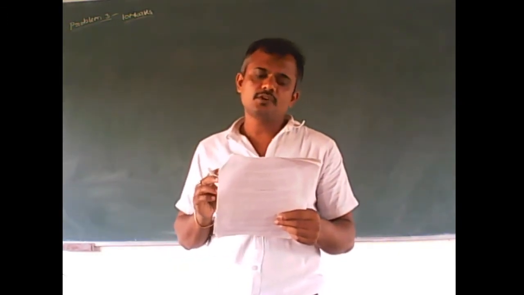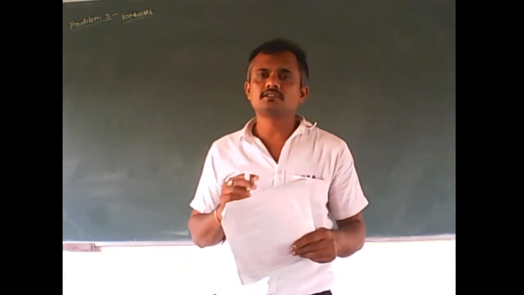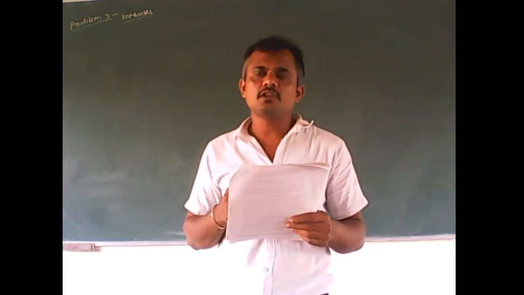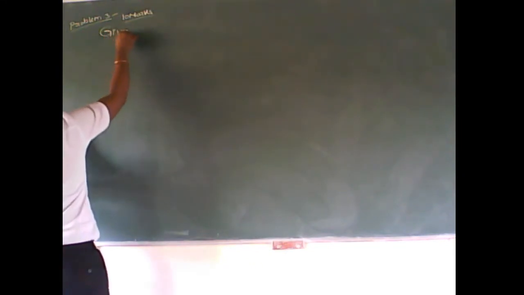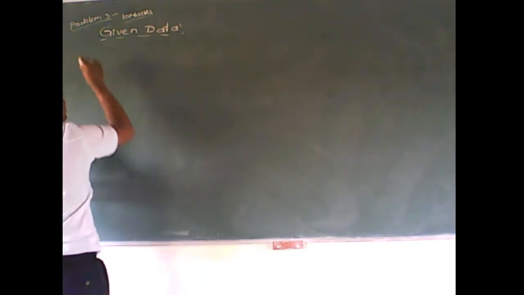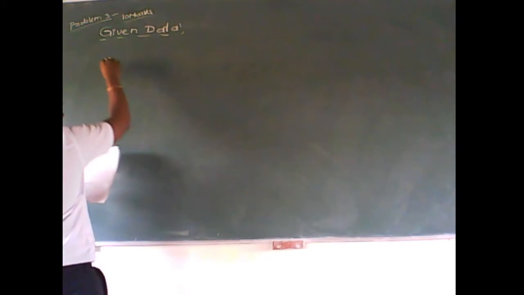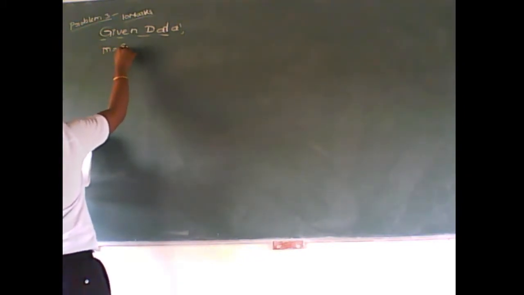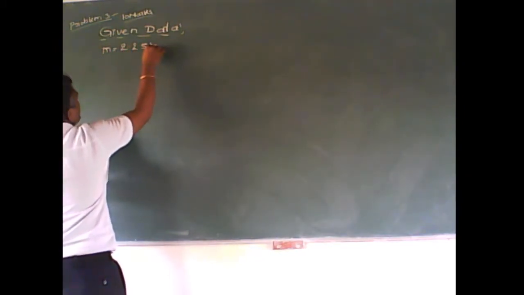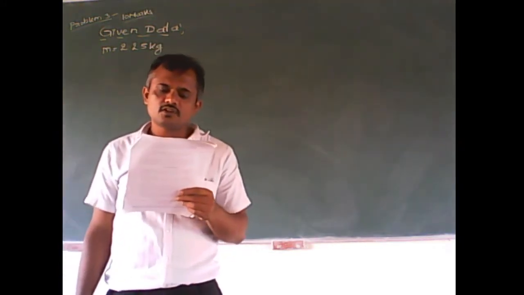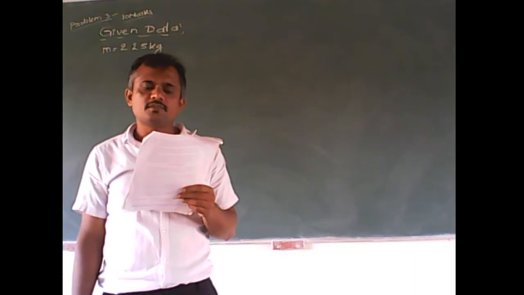Mass of 2.25 kg of nitrogen is given. So what do you mean by mass? It is nothing but the m value. So given data, mass m is 2.25 kg of nitrogen occupying 1.5 meter cube.